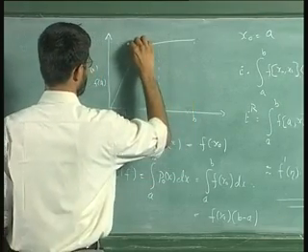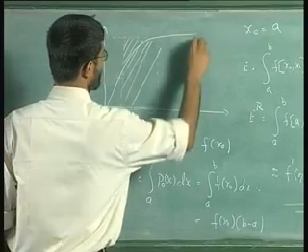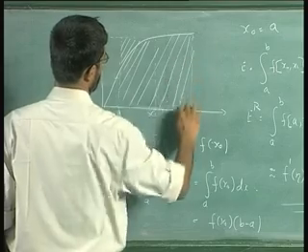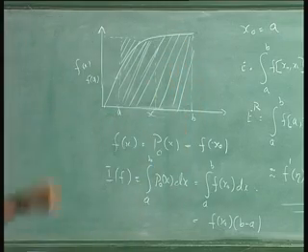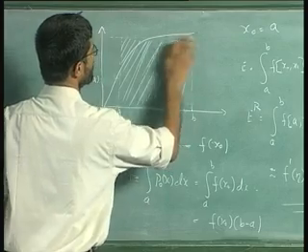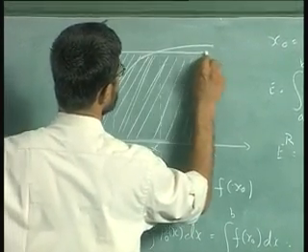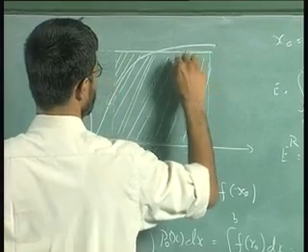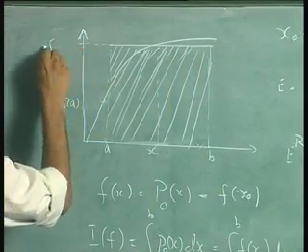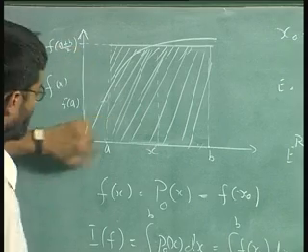So now we have a shaded area all the way up to that. Sorry, this is not correct. That's my function, and then I evaluated it at this box. So that is f of a plus b by 2 multiplied by b minus a.